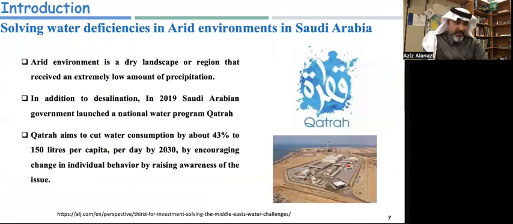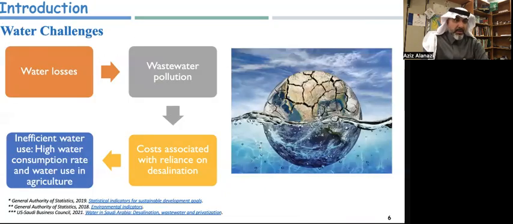It has costs associated with it. The cost associated with the reliance on desalination is very high. In Saudi Arabia, in this area of the world, we have relied on desalination since the 1950s, and as a result we became one of the leading producers of desalinated water in the world.